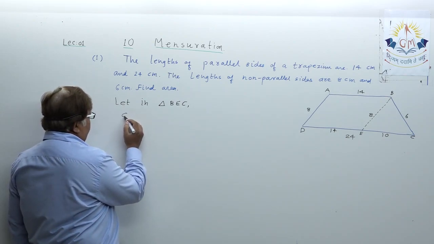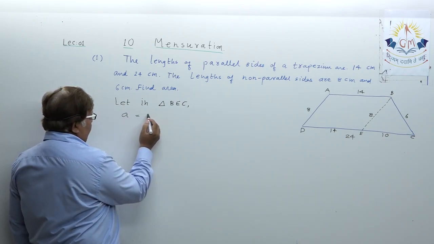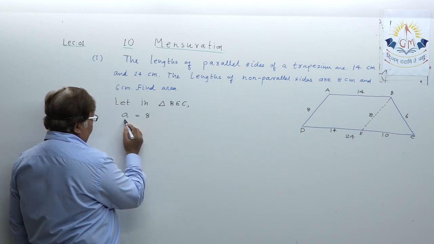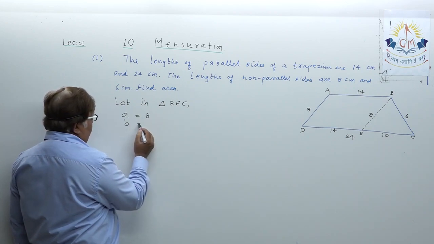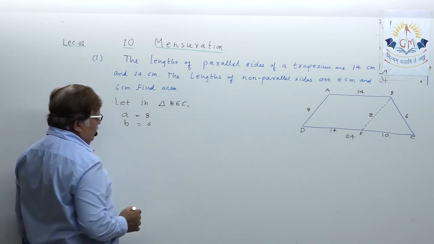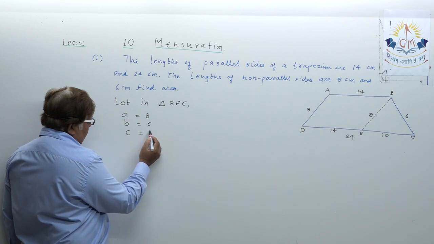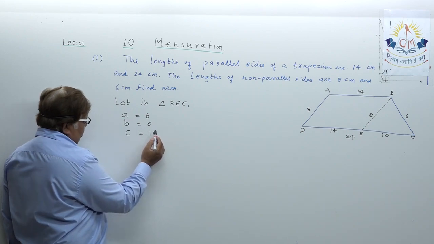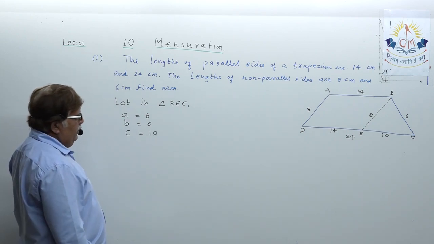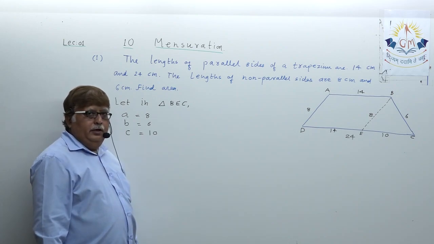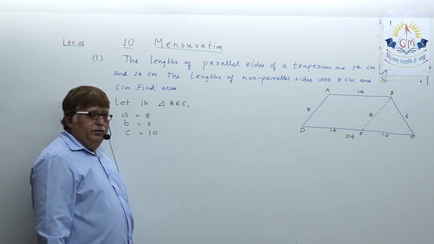Let us write A equal to 8, B I may take 6, C that is 10 centimeter. You all are knowing Heron's formula very well.